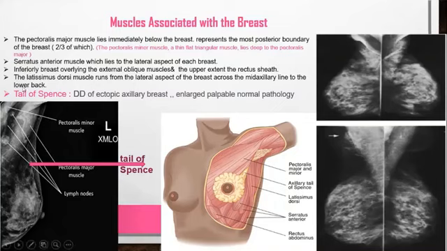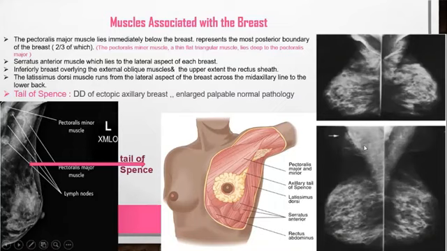Also, we need to know what is the tail of Spence. We have the axillary tail. This axillary tail sometimes extends too much, deep into the axilla, as seen here in this image. Compared to the other mammogram, if you look here, the breast tissue is ending here while I have another breast tissue here.